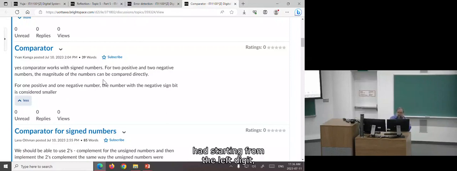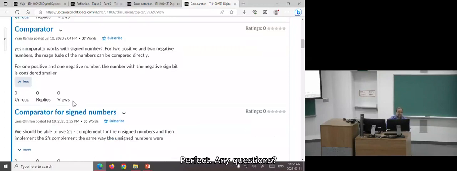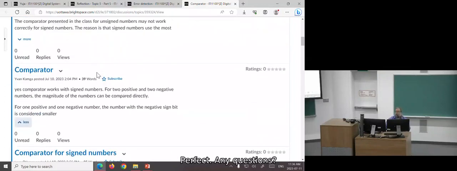The same thing that we had, starting from the left digit, going one by one inside to see if it is bigger or smaller or equal. For one positive and one negative number, the number with the negative sign bit is considered smaller. Very good, Ivan. Perfect. Any questions? So let's continue, okay?